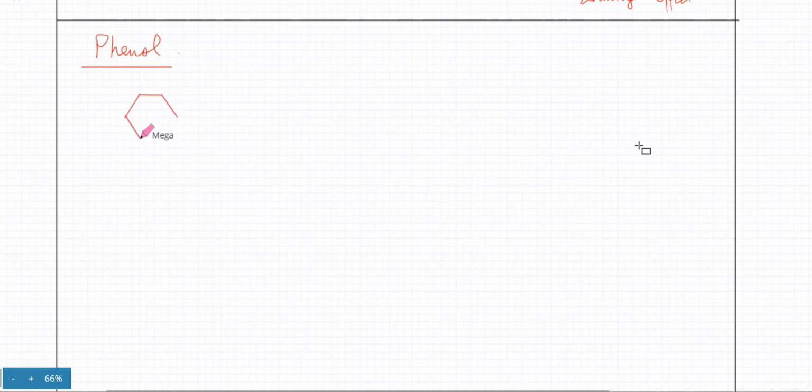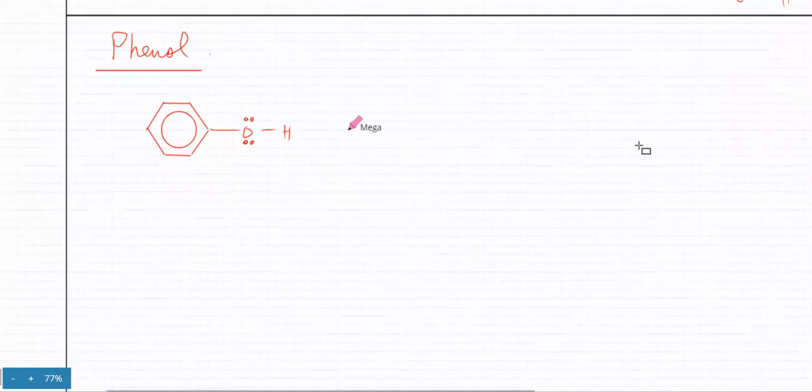Okay, phenol is this thing. So you have an OH and the H would break away. Okay, if the H breaks away, so let me draw the dissociation happening.